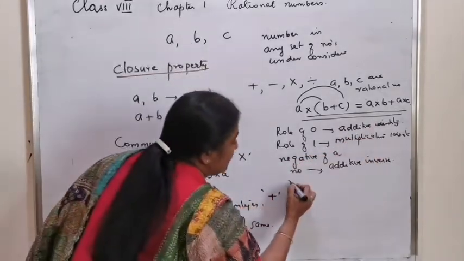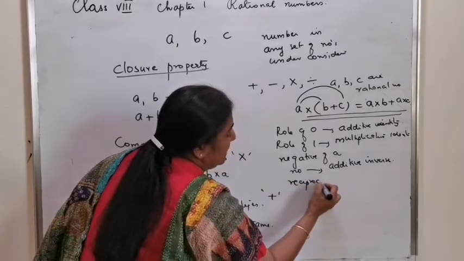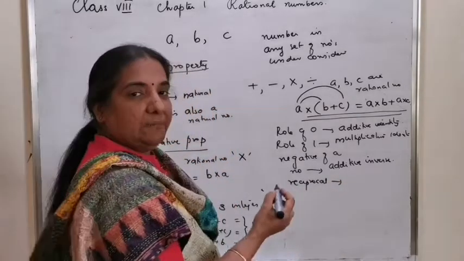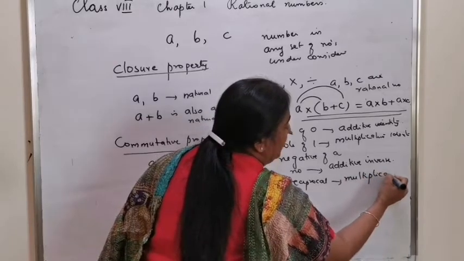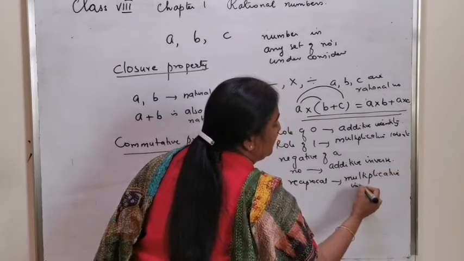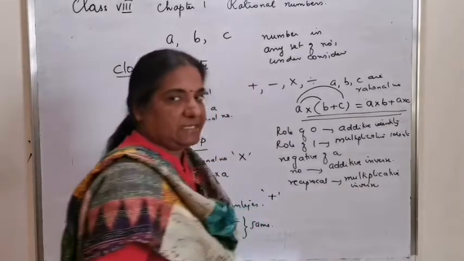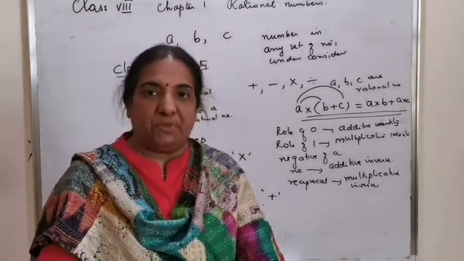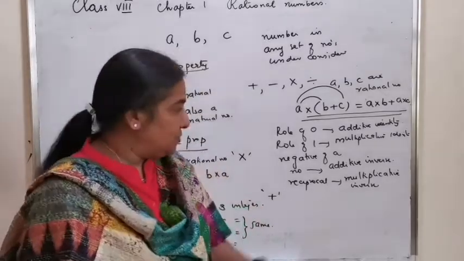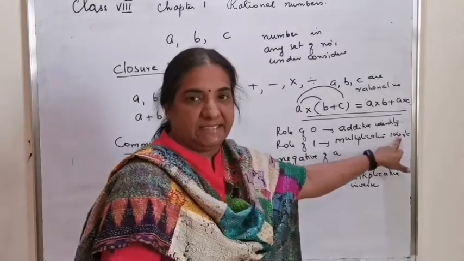In the same way, what is the meaning of reciprocal? It is the multiplicative inverse. And why is the reciprocal called the multiplicative inverse? When you multiply a number and its reciprocal, it turns into the multiplicative identity.